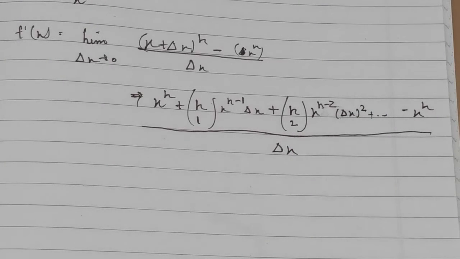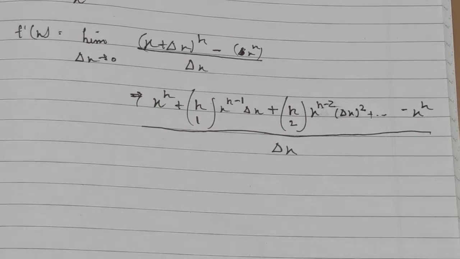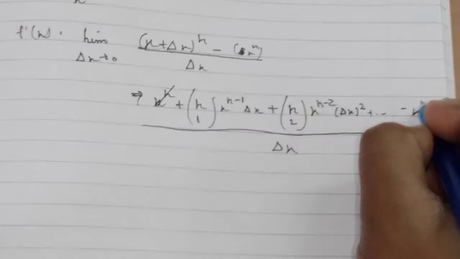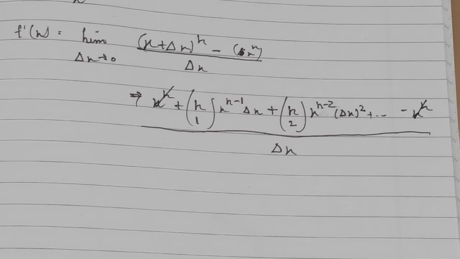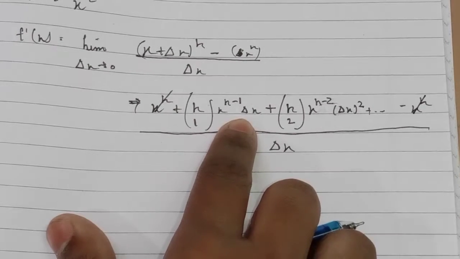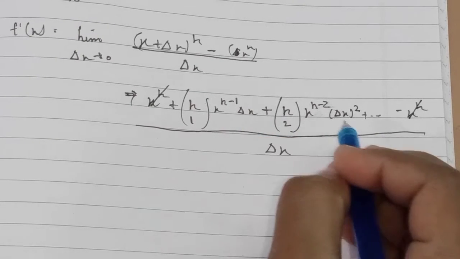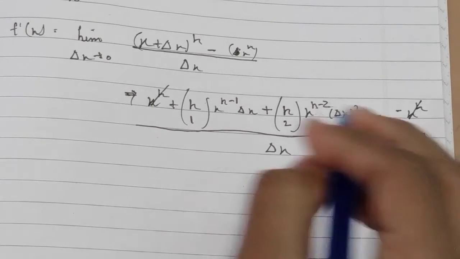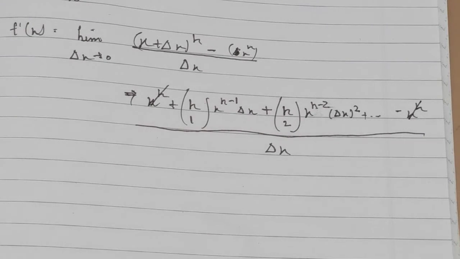What will happen here is that x to the n and negative x to the n both cancel out. And we have delta x in all of it, right? Delta x here, delta x squared here, and in the other parts also delta x cubed, delta x to the power of 4. So we can just factor them out.